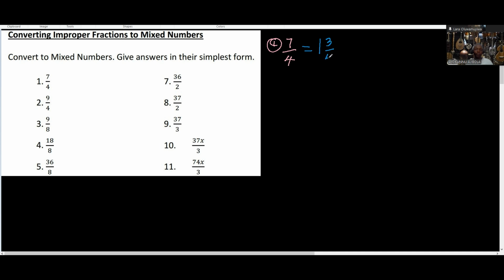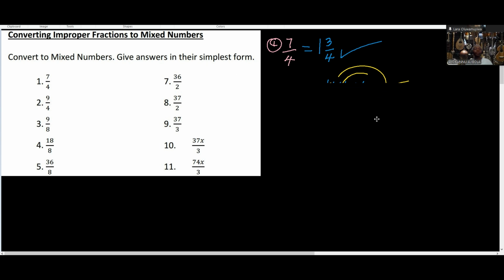If you remove 4 from 7, what do you have? 3, then over 4. That's if you remove 4 from 7, like 1, 2, 3, 4, 5, 6, 7, and you cancel out 4, 1, 2, 3, 4, what do you have left? 3. That's why it remains 3.